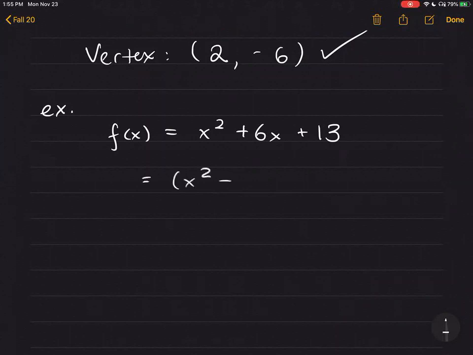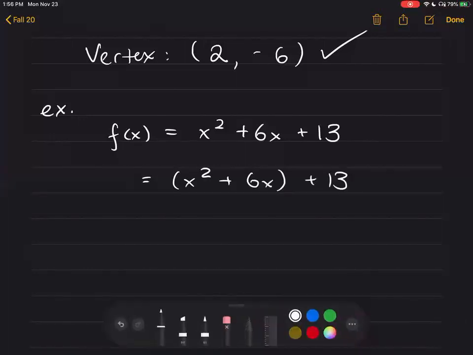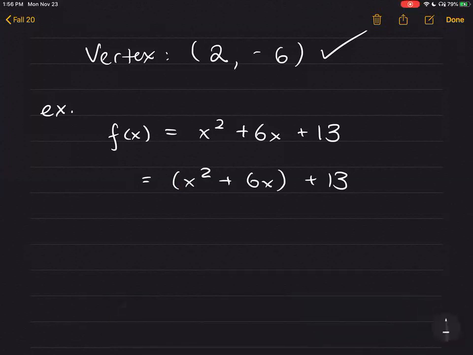So let's look at the first two terms. Let's focus on them. And this x squared secretly has a 1 here, but since there's no leading coefficient besides just 1 there, we don't have to factor anything out. We can just leave it as is and proceed to the next step where we add and subtract. So plus 6x, and then we're going to add, in this case, our b is 6, so we get 6 over 2 squared plus 13.